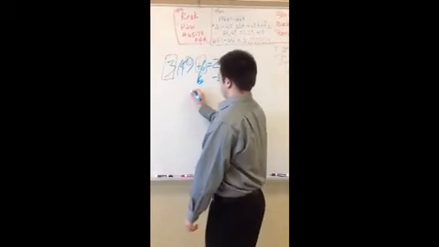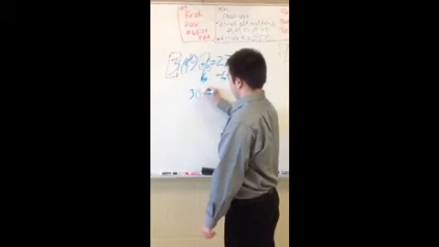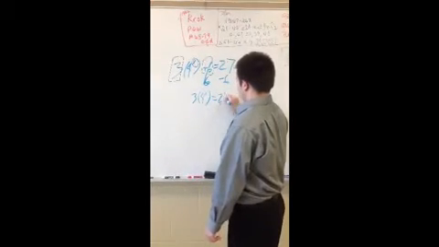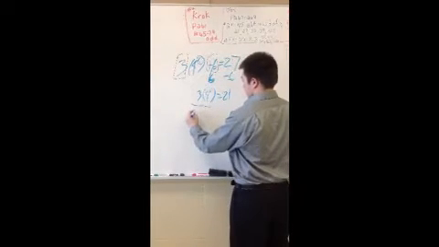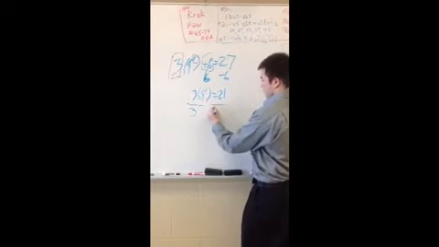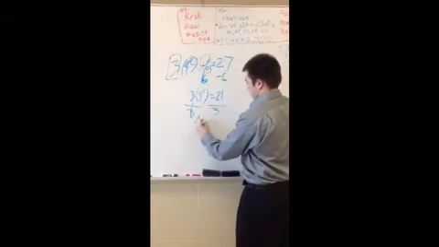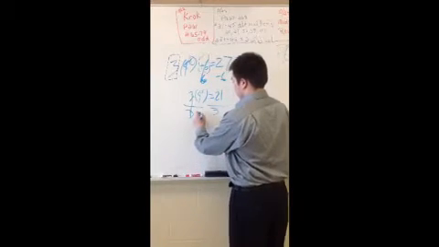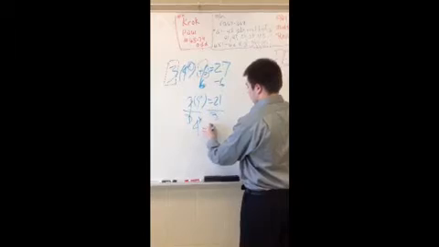That cancels out, and you have 3 times 4 to the x equals 21. And we're going to divide that by 3. It's going to cancel out, so then you have 4 to the x equals 7.